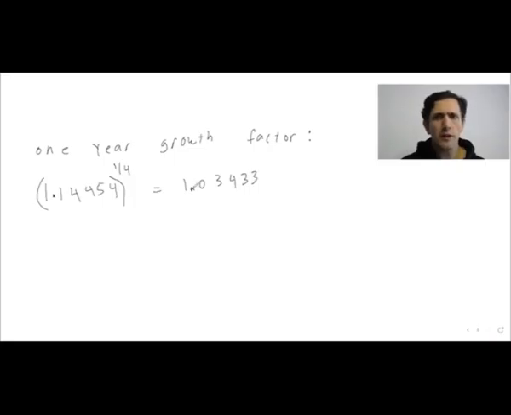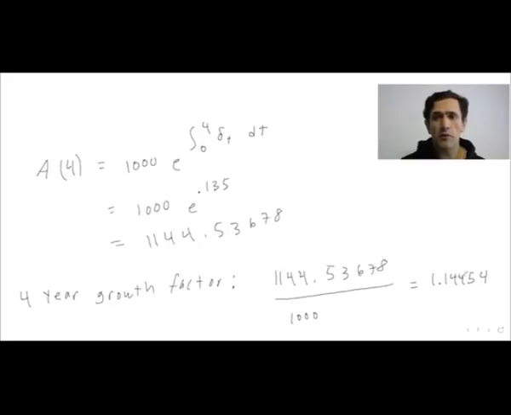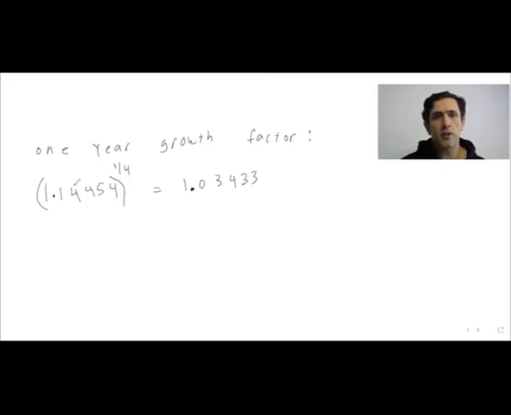You can also think, and it's useful to think, if you compound this growth factor 4 times, you'll get the 4-year growth factor of 1.14454. And that's just reflected in raising both sides to the 4th. That's going to get rid of this 1/4.